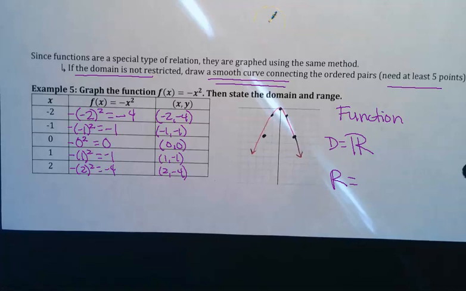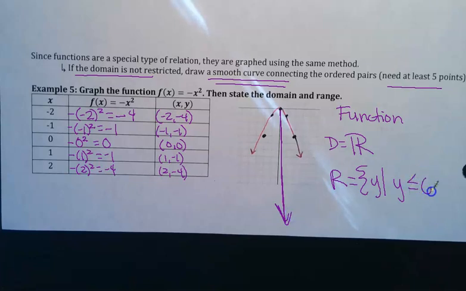No, it doesn't. So we are going to need braces there. And it's our y such that, because range is our y value. Where are our y values? They're here and down here, right? This is down. They're less than or equal to what? 0. Perfect. Because right there on that y-axis is 0.